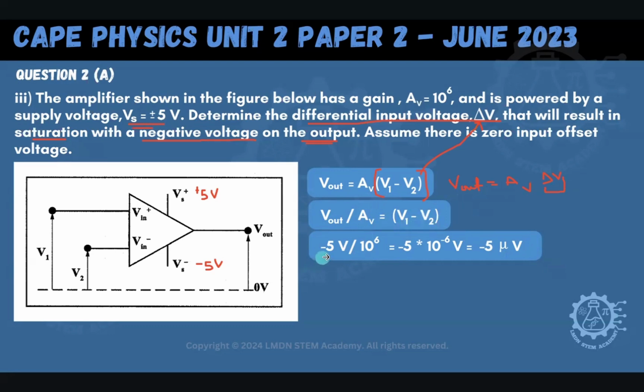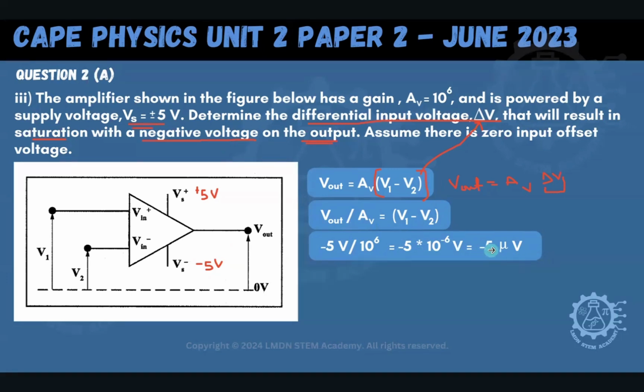When I do that, I plug in minus 5 volts because it's a negative saturation. So I plug in this one right here for my V out, because that's what they're asking us about. So I plug the negative 5 volts here, divide that by the gain of 10 to the 6th. And then I'm going to come out with a value of delta V, or my differential input voltage, being minus 5 times 10 to the minus 6 volts, which is the same as minus 5 microvolts.